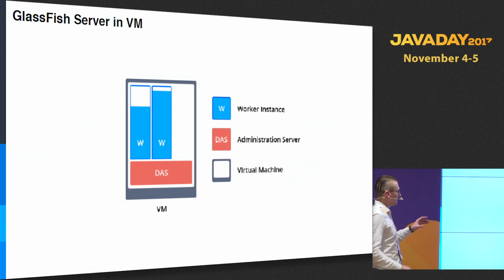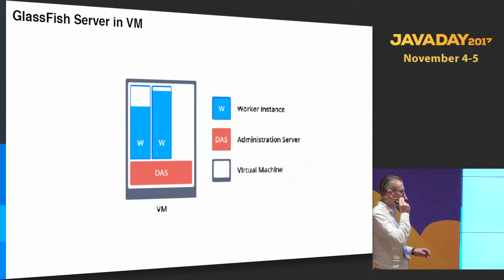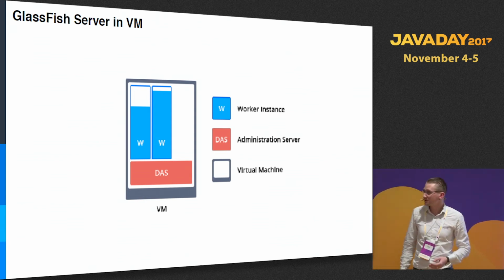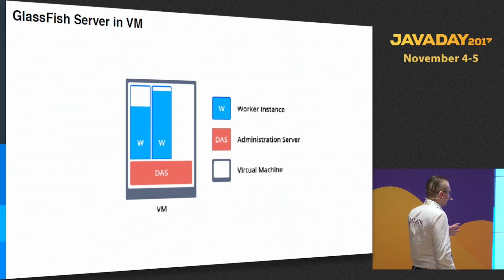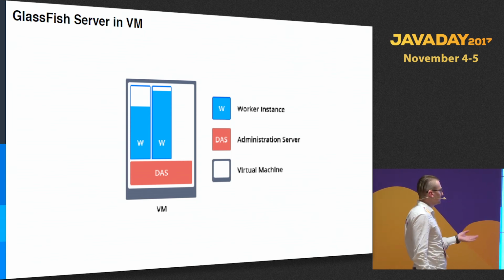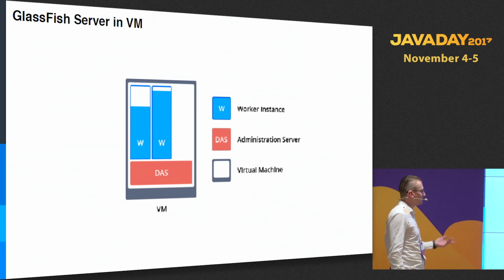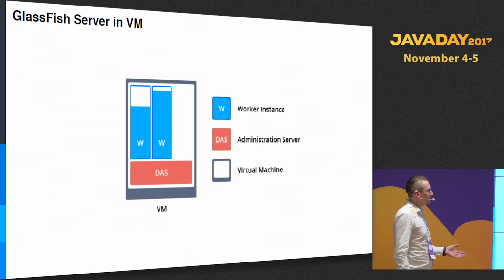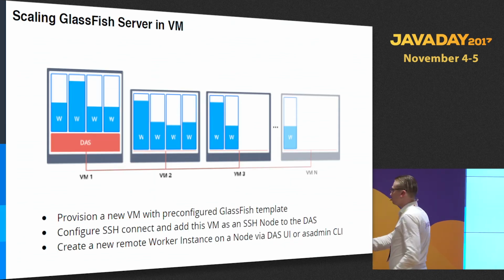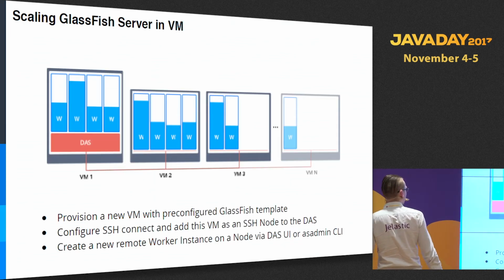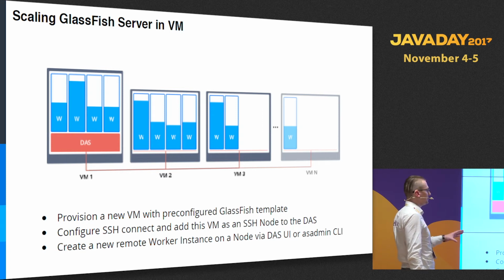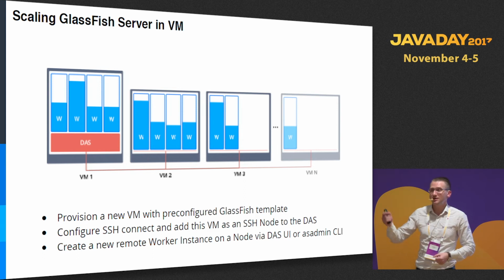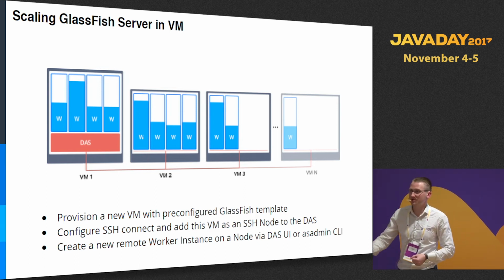So the classical thing, many years ago, GlassFish lived inside virtual machines or bare metals. The classical scheme is the main admin server and worker instances. As you can see, they are limited by virtual machines. A typical problem of this architecture is that you are running instances inside a virtual machine, and suddenly you know that you need more resources.